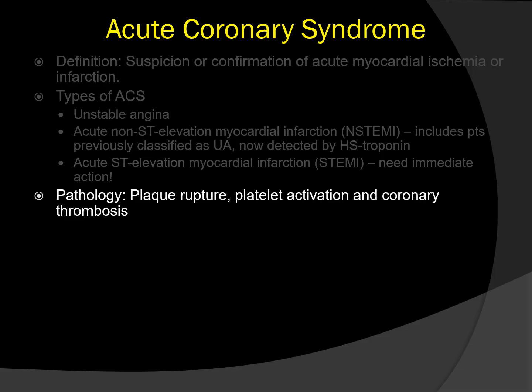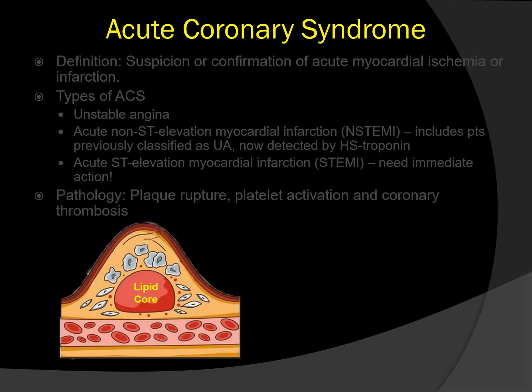Pathology of acute coronary syndrome involves plaque rupture, platelet activation, and coronary thrombosis, as I will show. This cartoon shows a cross-section of the wall of a coronary artery affected by typical atheromatous atherosclerotic changes.